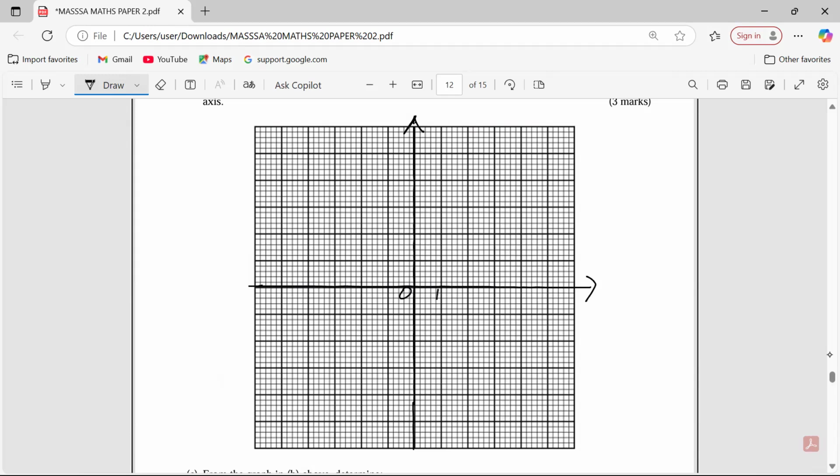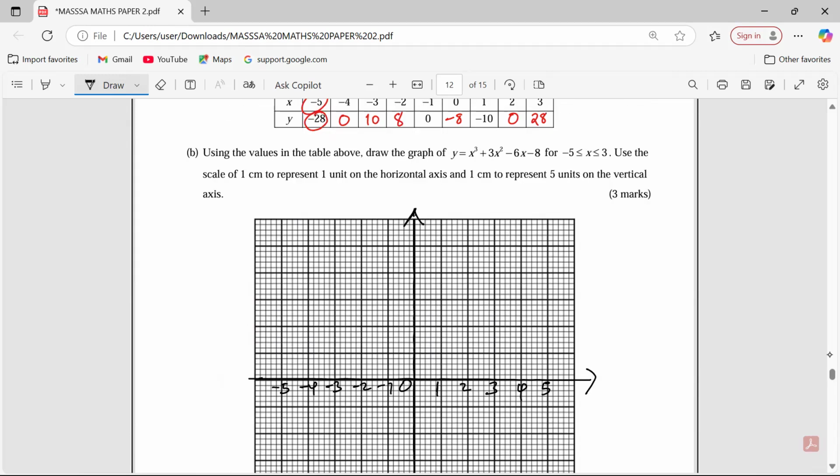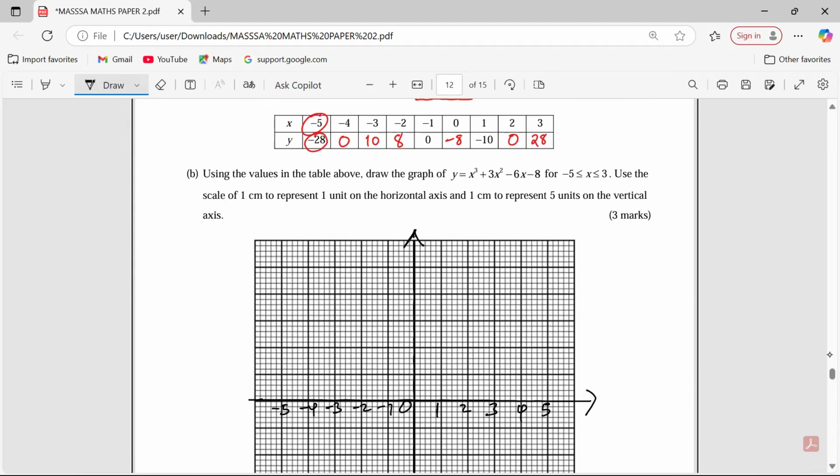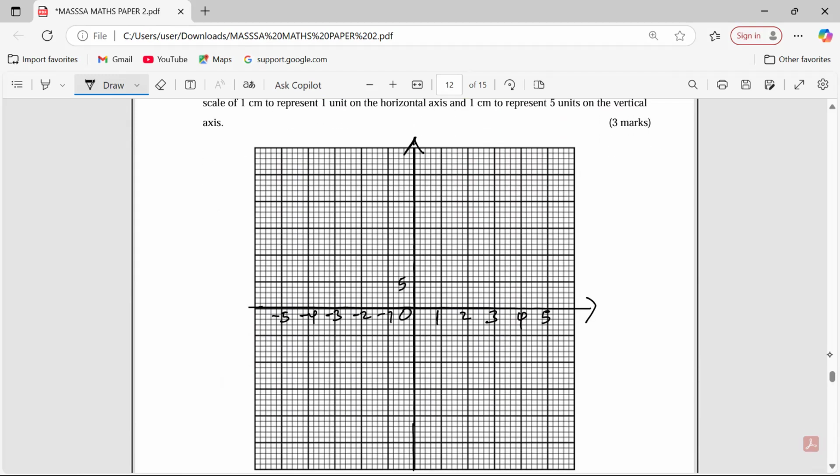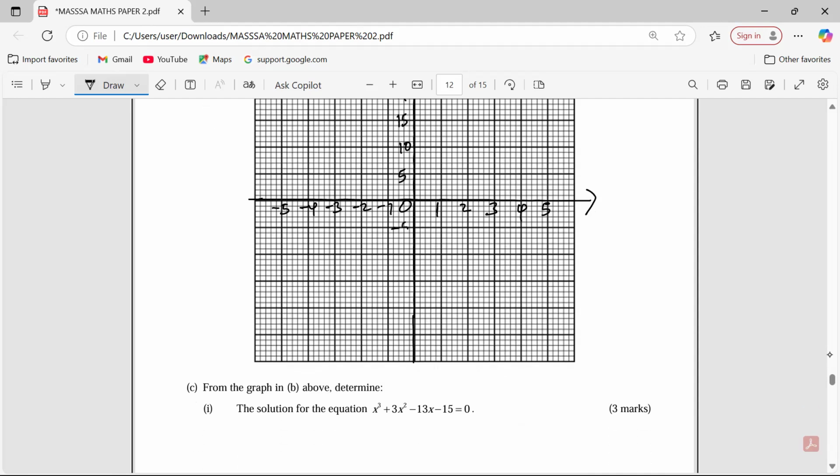The scale has been given: 1, 2, 3, 4, 5, and -1, -2, -3, -4, -5. Then for the vertical axis, we are talking about 5 units: 5, 10, 15, 20, 25, 30, like that. And on the other side, -5, -10, -15, -20, -25.